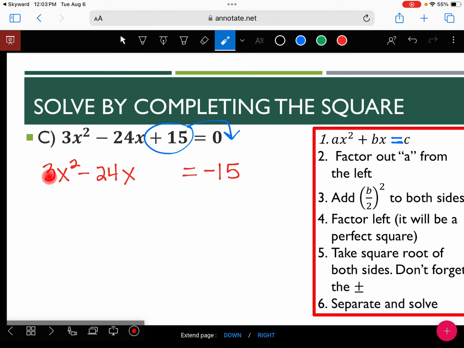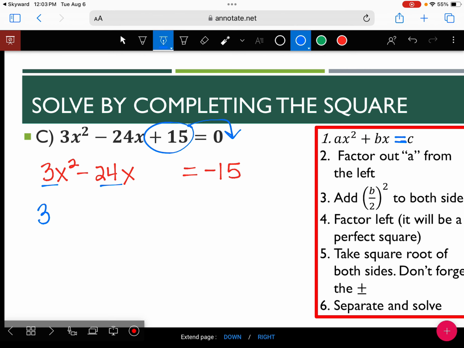And what is A in this example? 3. So I'm only going to take the 3 out of these two terms. So 3 comes out, and then that's going to leave me with x squared minus 8x, and then it equals negative 15. So now we're ready to complete the square.